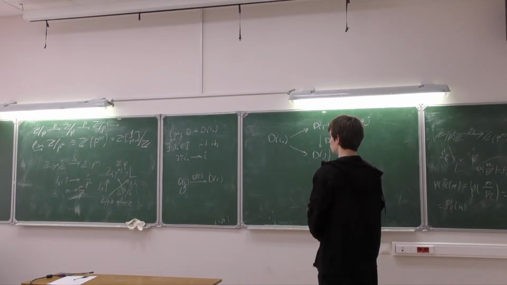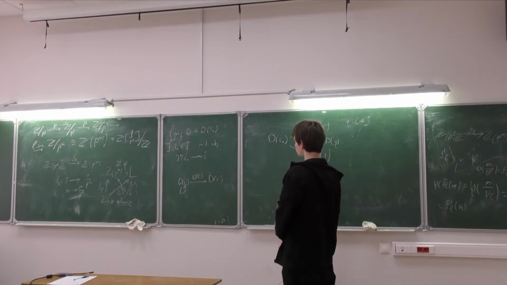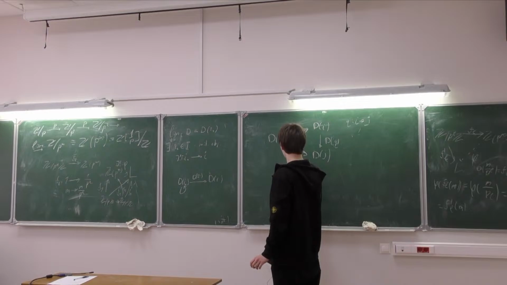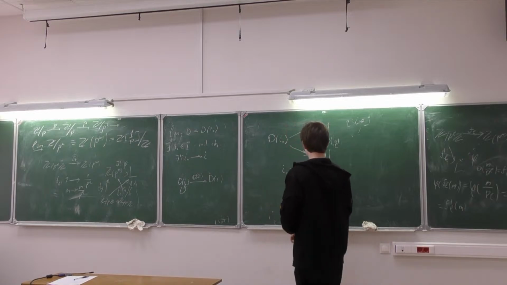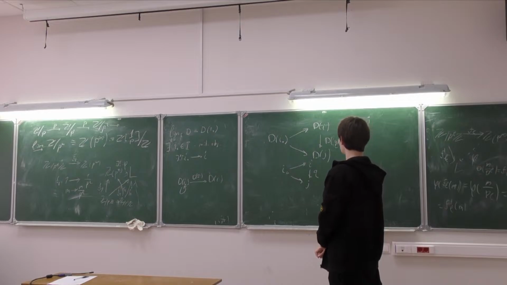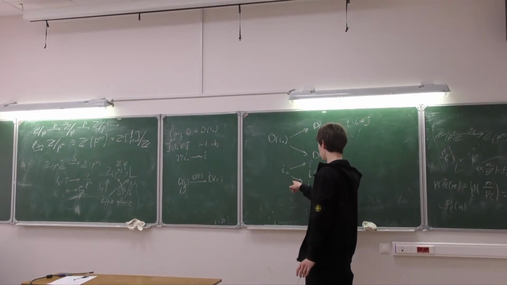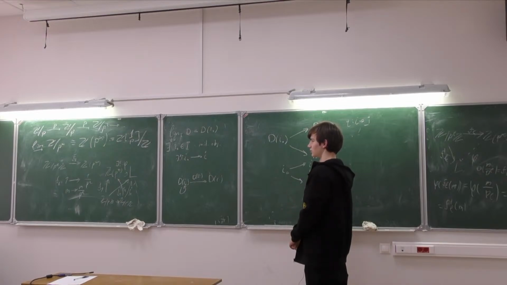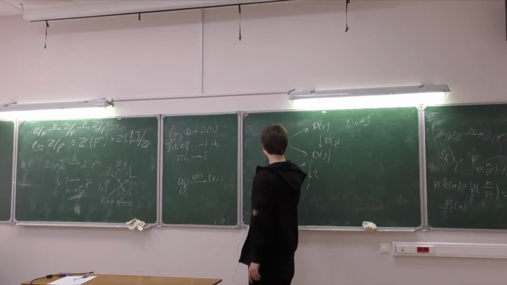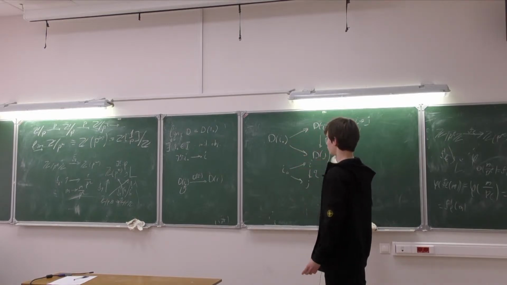So there is a commutative diagram. I think this is commutative too, because there is only one morphism here and here. So this is a cone over our diagram.